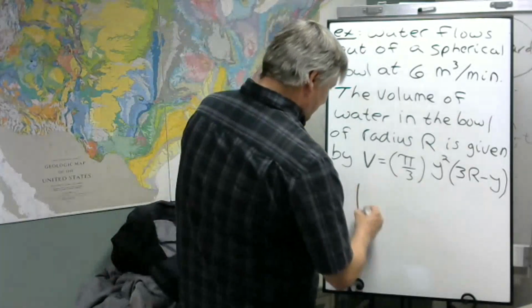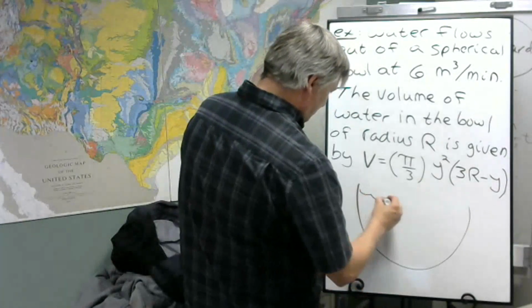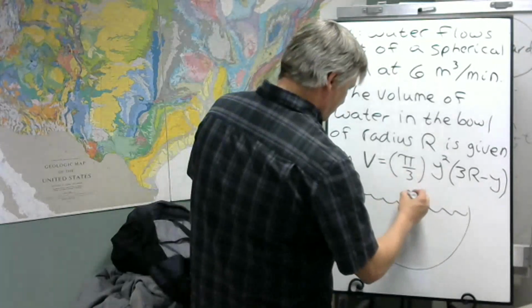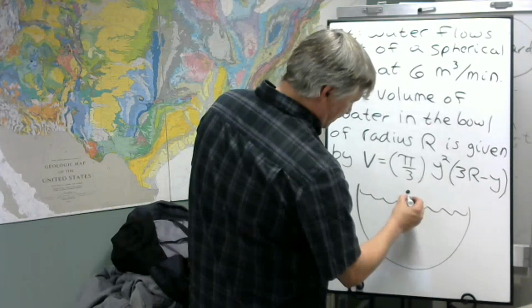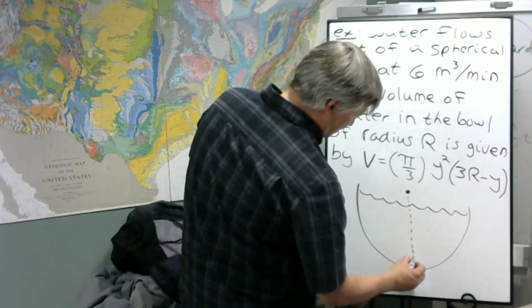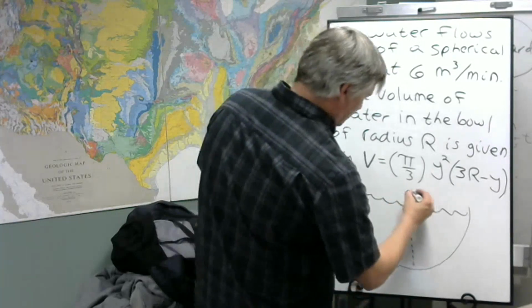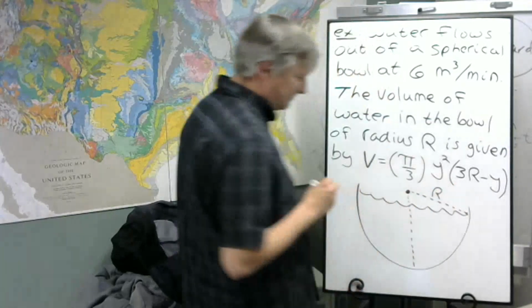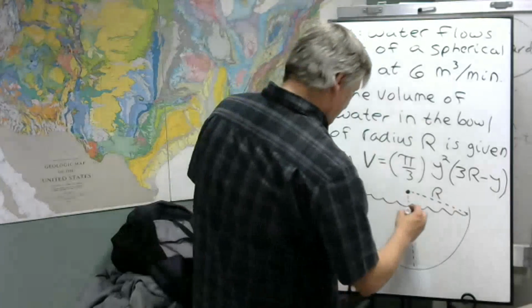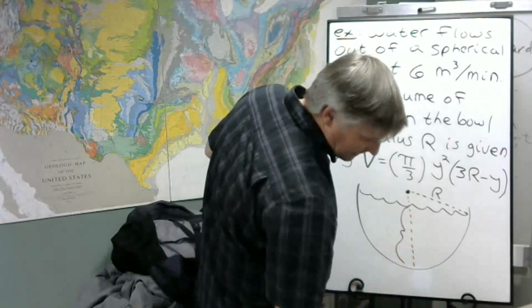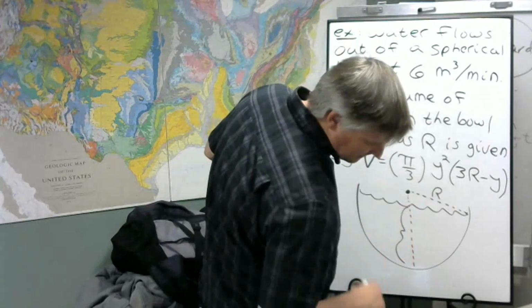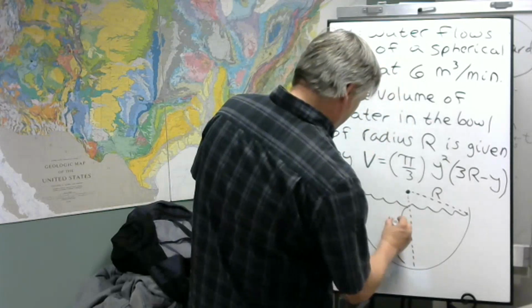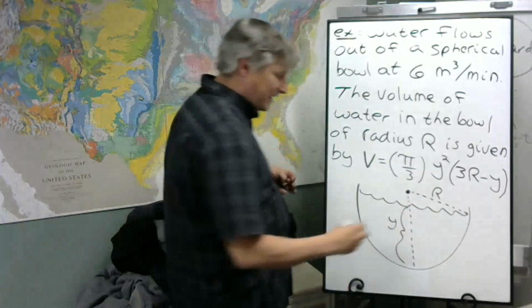Well, say the center of our bowl is down towards the bottom. This is our radius R. What y is, let me double check. So there's our y.